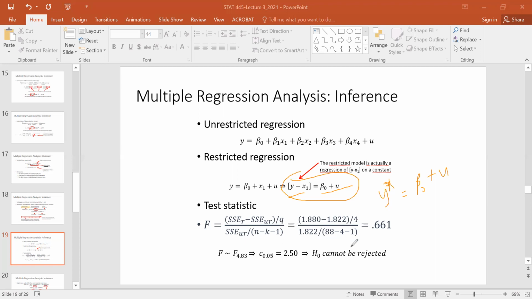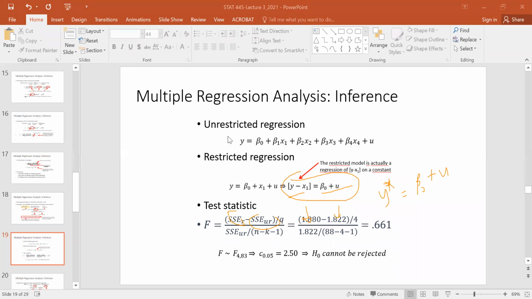I don't think I show all the details, but when you run them, which we will do in a practice exercise, you will have SSE restricted and SSE unrestricted, both provided. Just plug in the numbers. Q is the number of restrictions.